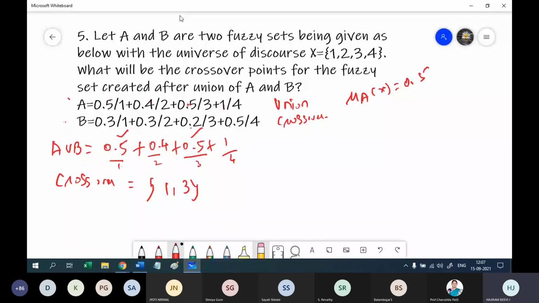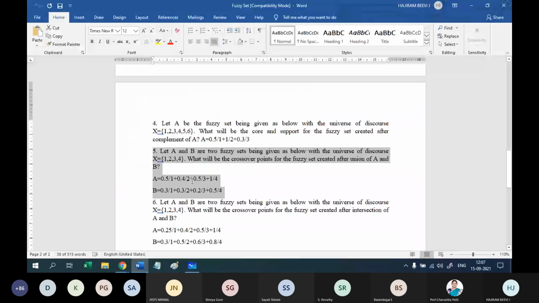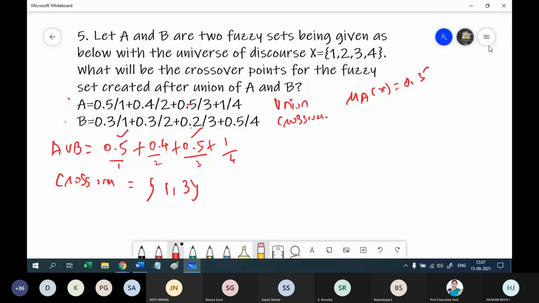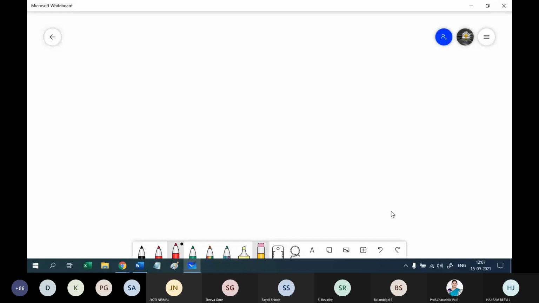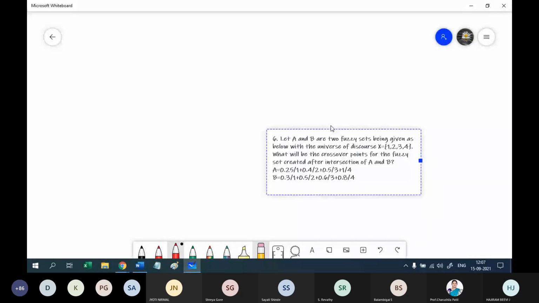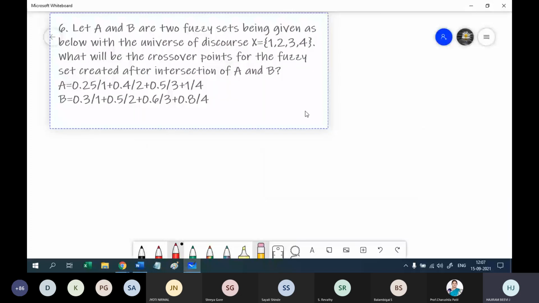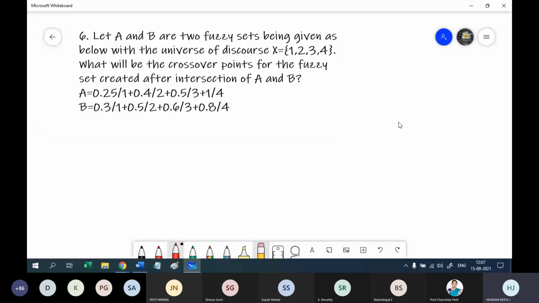Okay, then the sixth question. Let A and B be the two fuzzy sets given as below with the universe of discourse X equal to 1, 2, 3, 4.